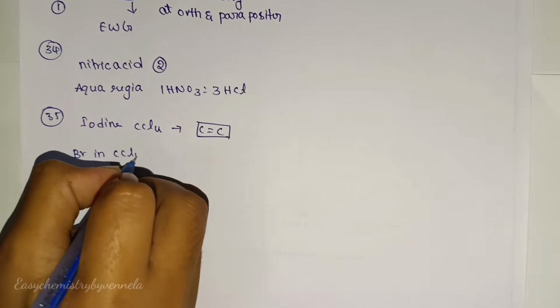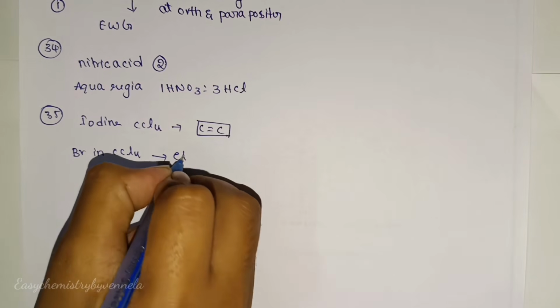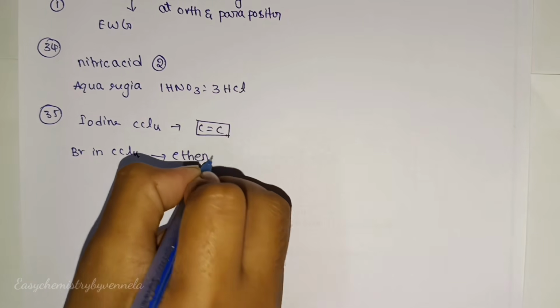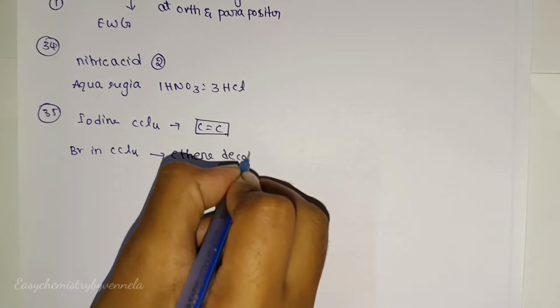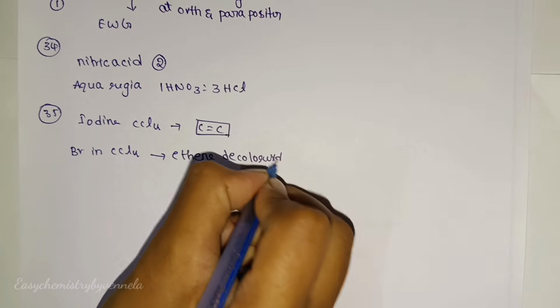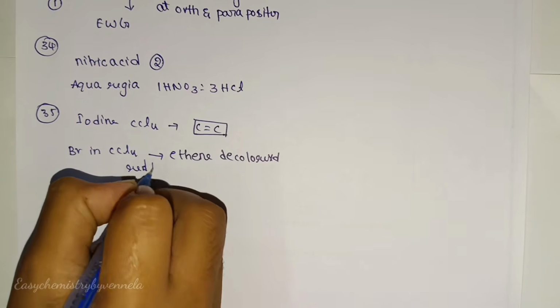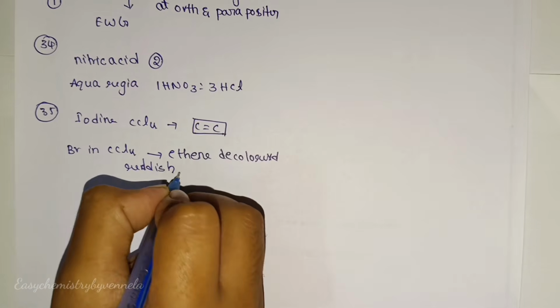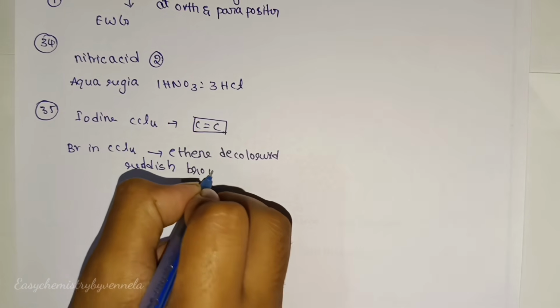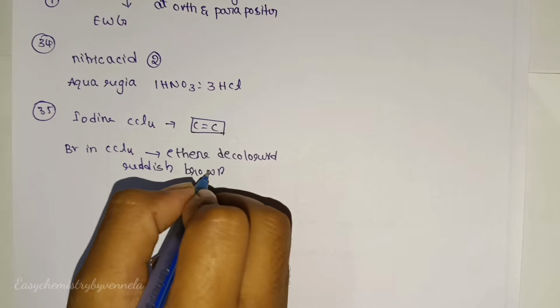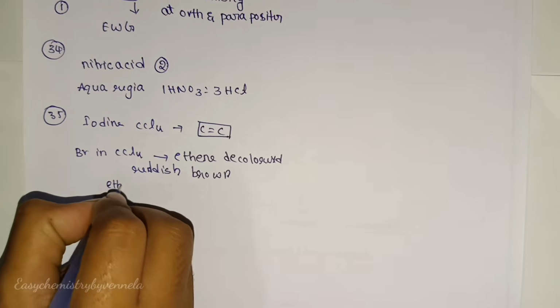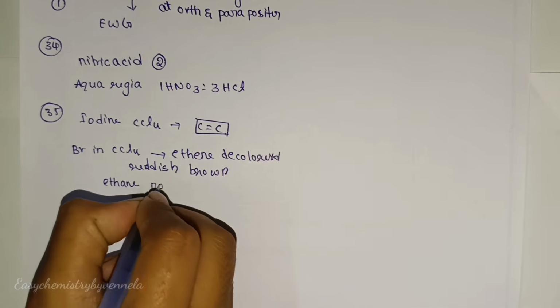Bromine in CCl4: ethene decolorizes the reddish brown color in an addition reaction, so in this, ethane does not react.